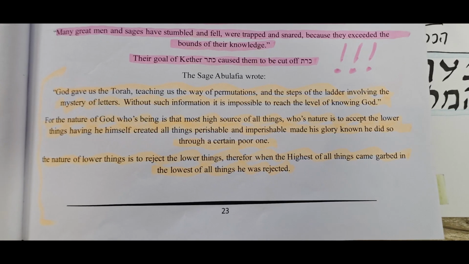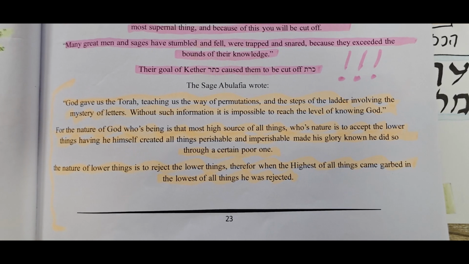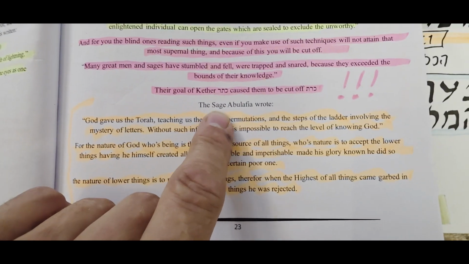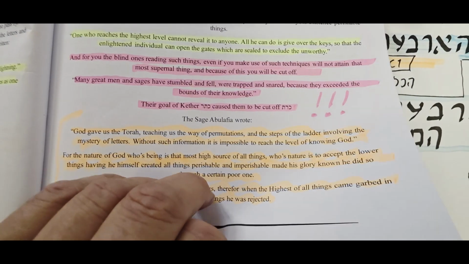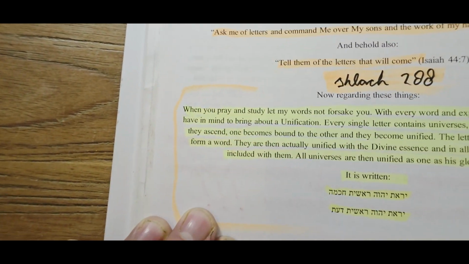The nature of lower things is to reject the lower things. Therefore, when the highest of all things came garbed in the lowest of all things, he was rejected. The sage Abu Lafia, may he be blessed, said so.